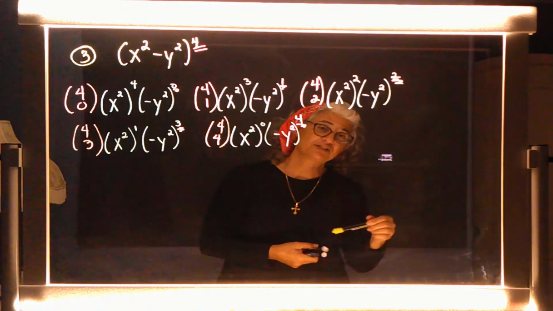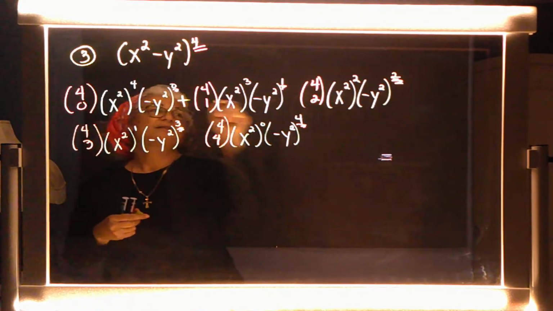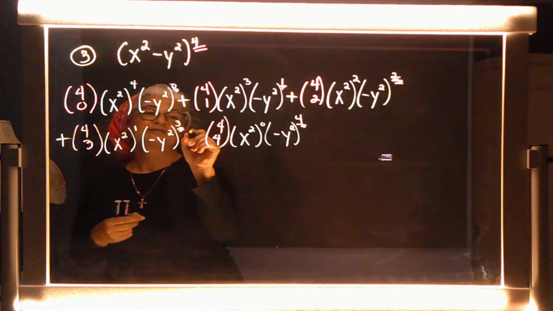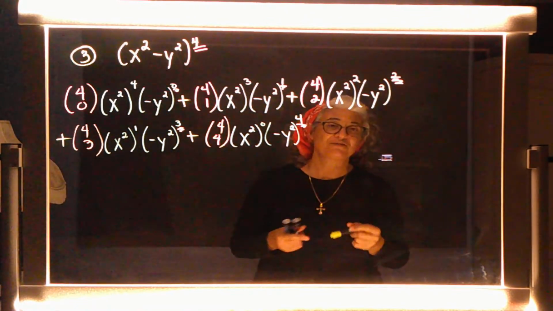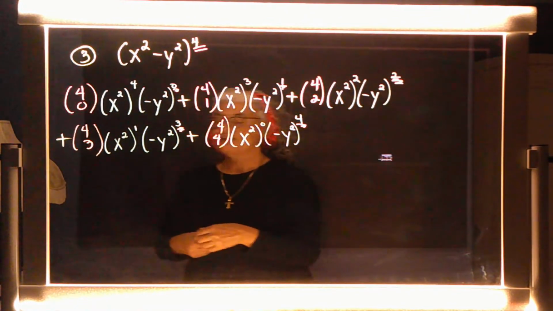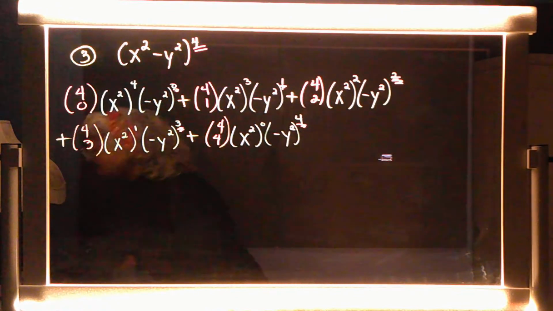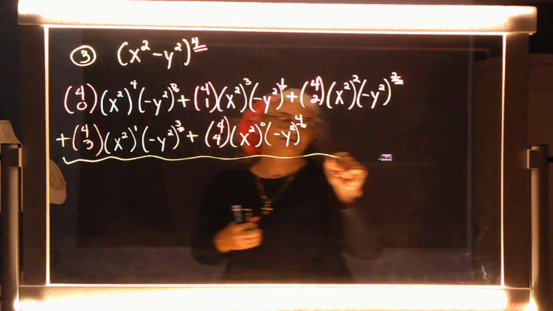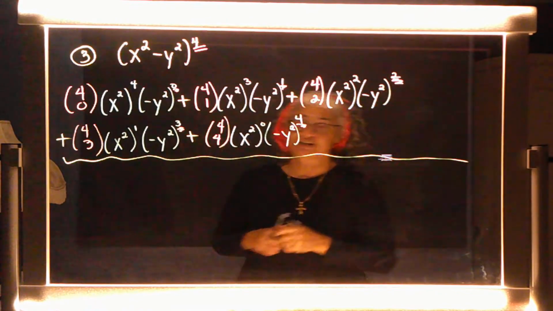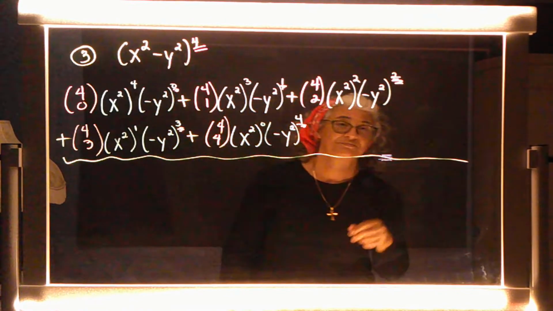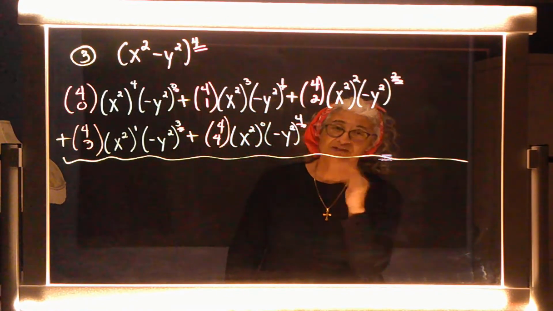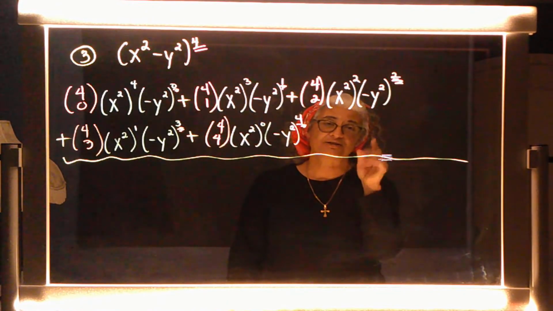And then how do we attach them? Yep, with addition signs. If it's supposed to be subtraction, it works itself out, right? Okay, so I already got my coefficients figured out. Pause the video, figure out your coefficients, and then restart it when you have it done.